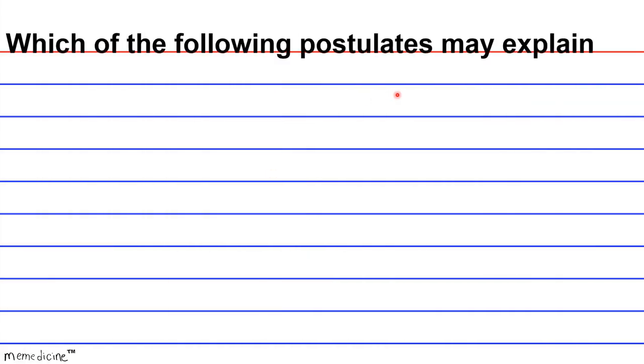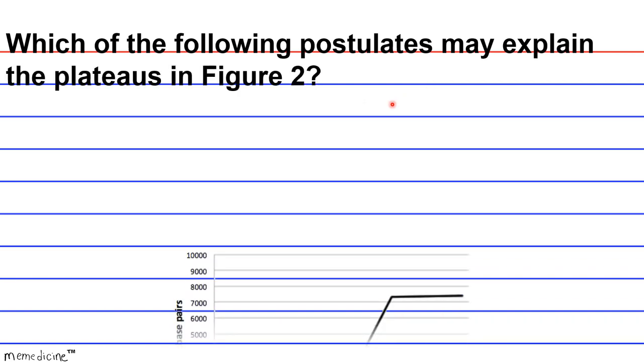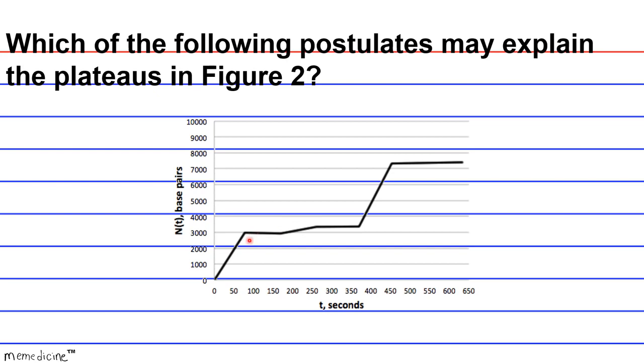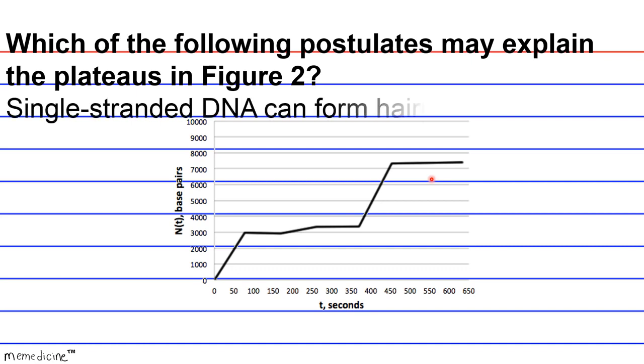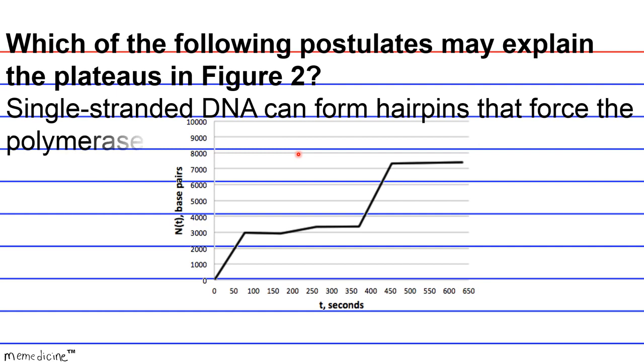Which of the following postulates may explain the plateaus in Figure 2? Okay, so these are the plateaus the question maker is discussing. Is it going to be A, single-stranded DNA can form hairpins that force the polymerase off the template strand?